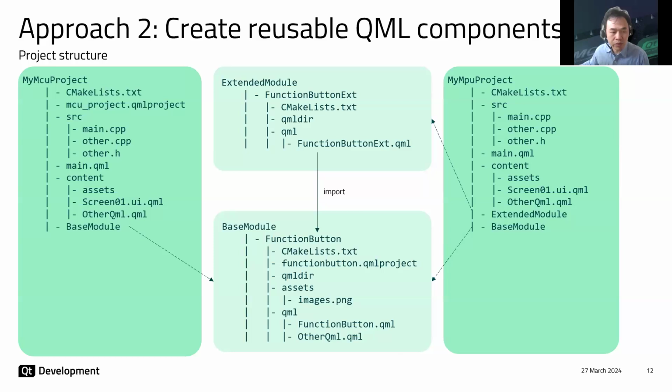The workflow itself is very similar. You can directly open Figma and use the Qt bridge to export the assets into Qt Design Studio, and it will generate the QML files for you.